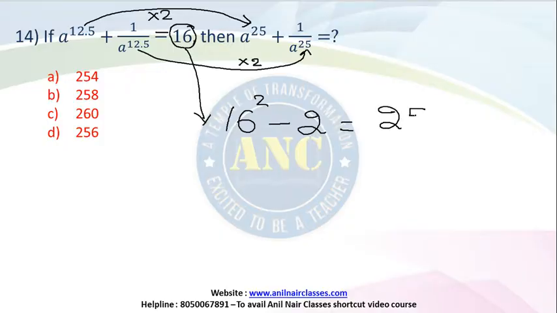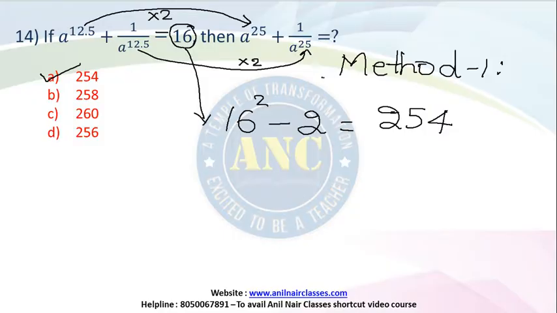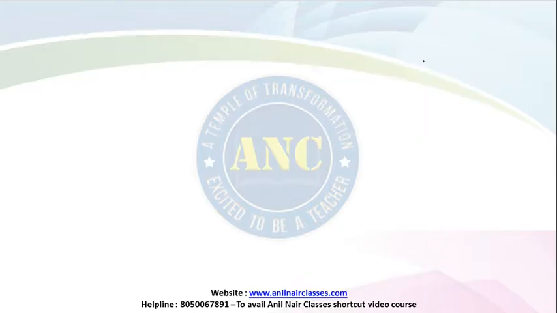Answer for this question is 254. This is the easiest way of solving the question. Let me call this method 1 for the time being. Method 1 is also a beautiful method. You can solve it so fast by using this method. So method 1 gives us 254.